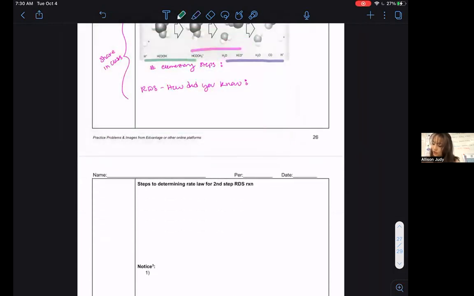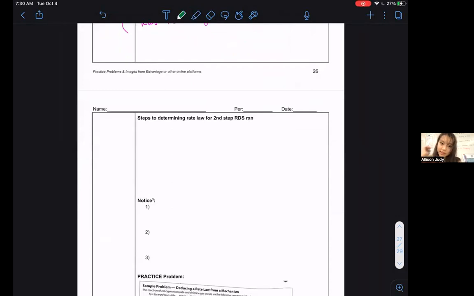So the first elementary step, we would write that H plus reacts with HCOOH and we get HCOOH2 plus. The next step in the reaction is that our previous product now becomes our reactant. So HCOOH2 plus breaks down to produce H2O and HCO plus.